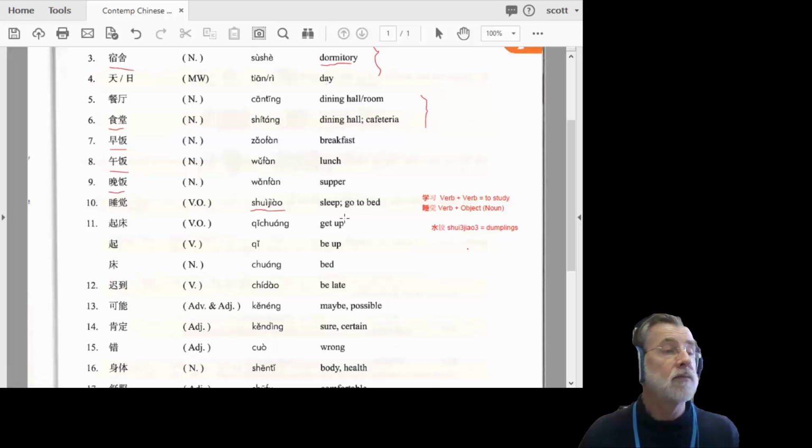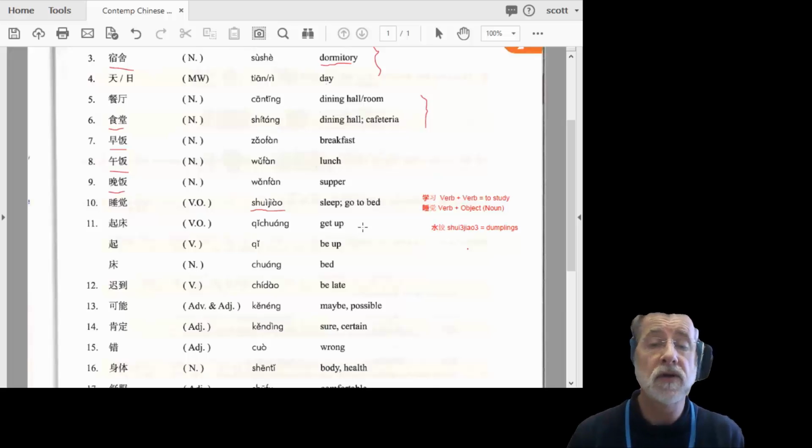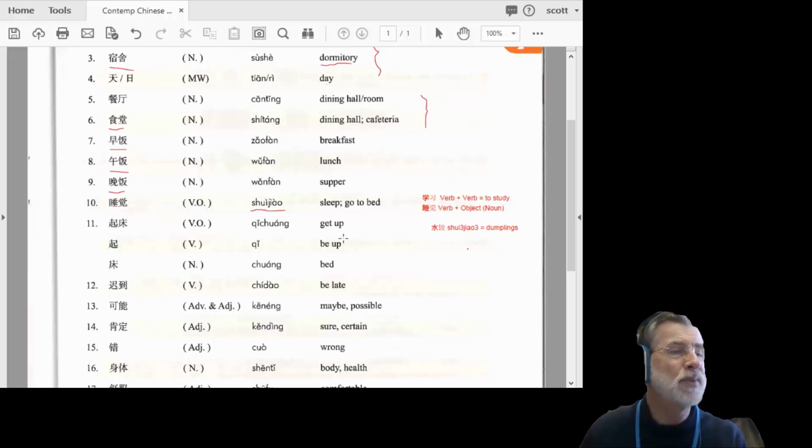We now have a look at to get up. To get up. And that again is a verb that's made up of a verb plus object combination. The verb 起 means to arise, as it says. Well, it says there be up, but actually it means to arise.